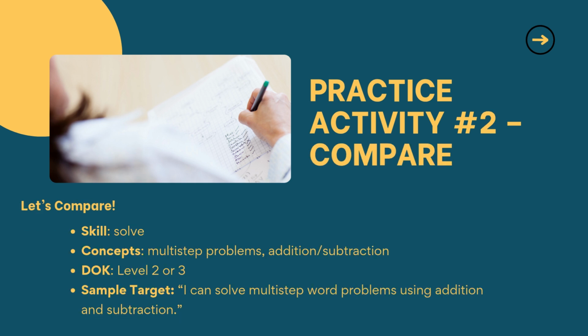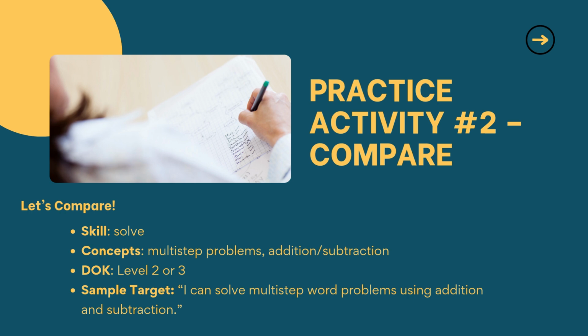Okay, welcome back. So let's compare answers. In this standard, the skill is to solve. The concepts included multi-step word problems and addition and subtraction of whole numbers. The DOK is probably level 2 or 3 since students need to do more than just recall facts.